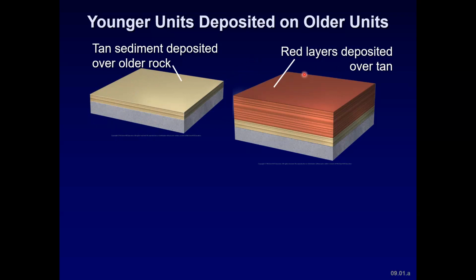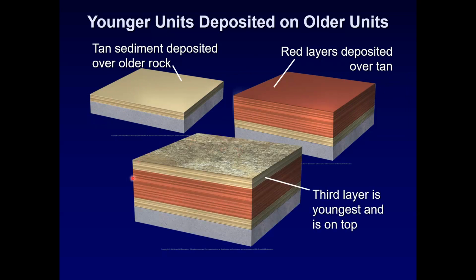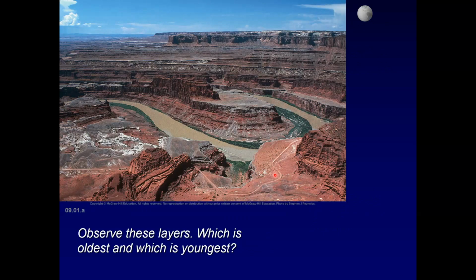Later, these red layers are deposited over the tan rocks. And even later, we have our youngest layer deposited on top of that. Pretty simple, right? So if we apply that concept to these rocks, which would be the oldest rocks and which would be the youngest?